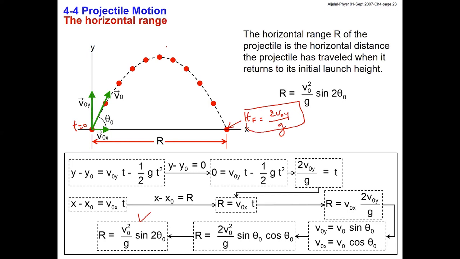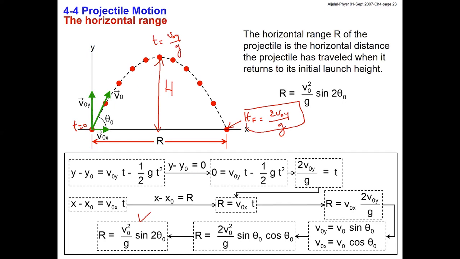Now, for some of you, I have asked you, what is this maximum height here? This maximum height, I'll call it capital H. So the time I reach the maximum height in reality is half of this time, equal to v naught y divided by g. How do I know?